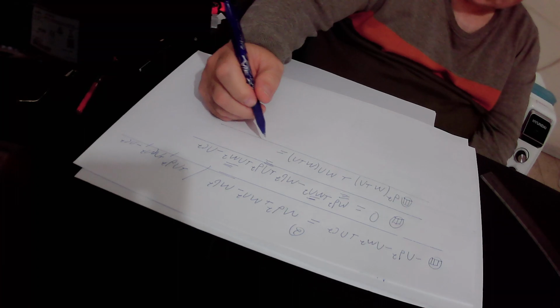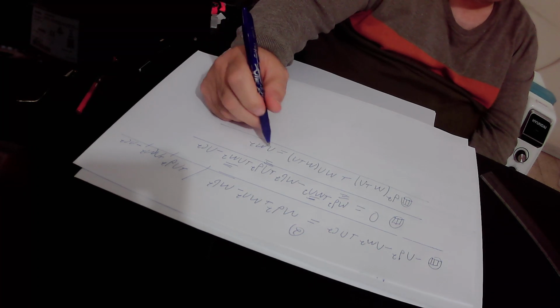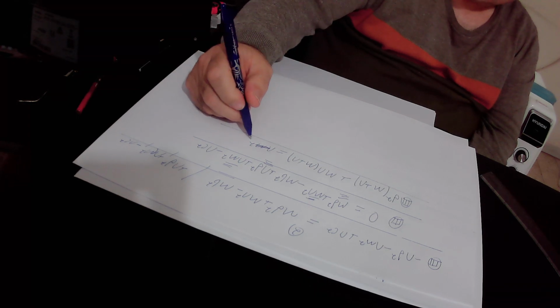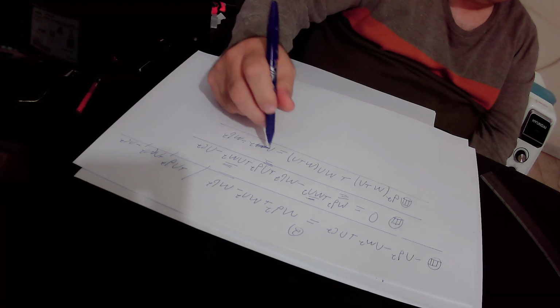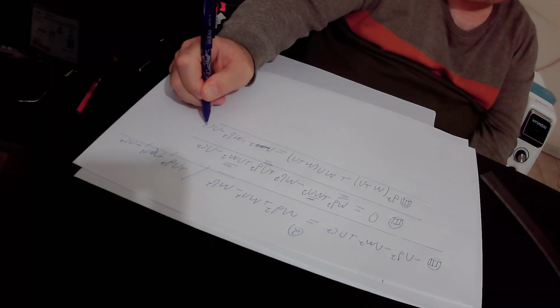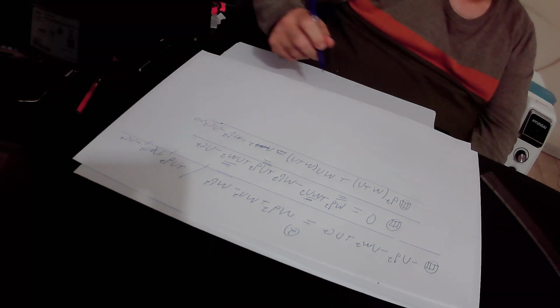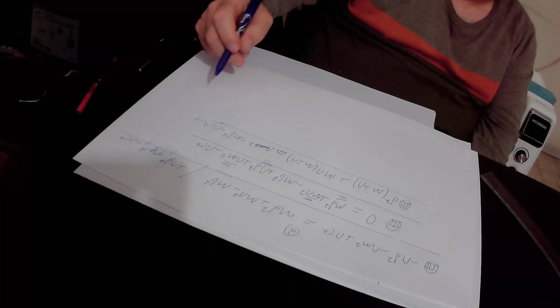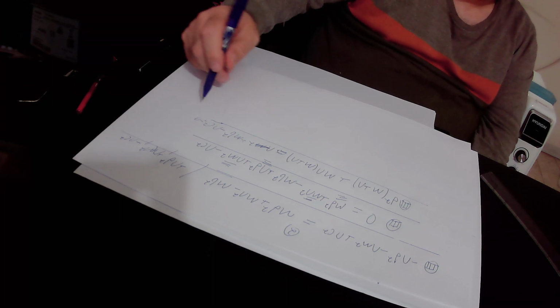And it is equal to nm squared minus mb squared minus nc squared equals 0. So we add to this equation number 3, mb squared and also nc squared.